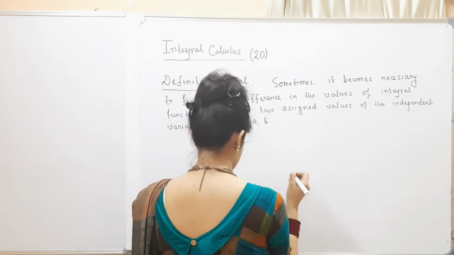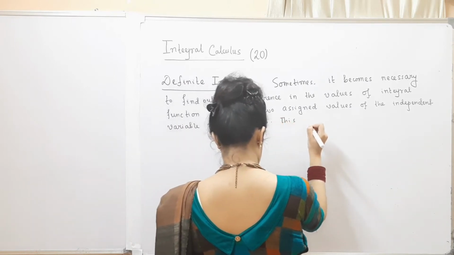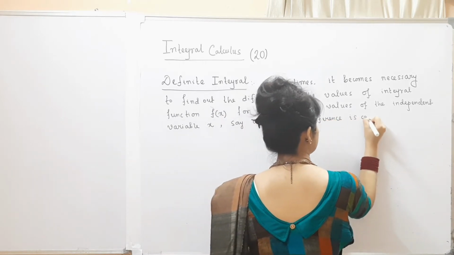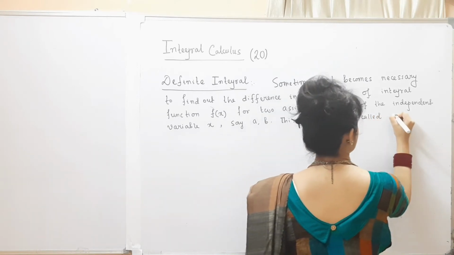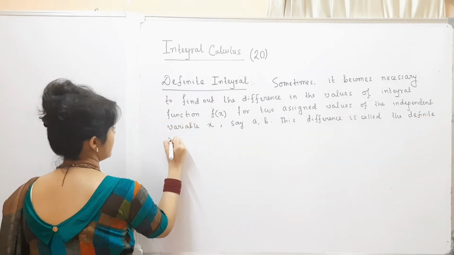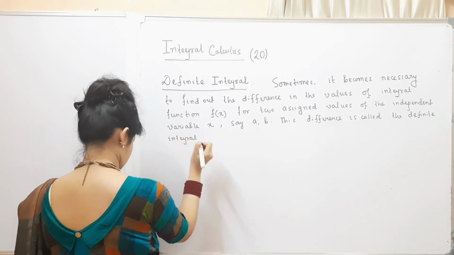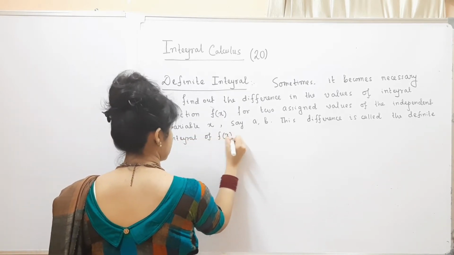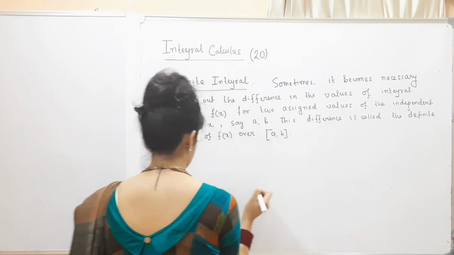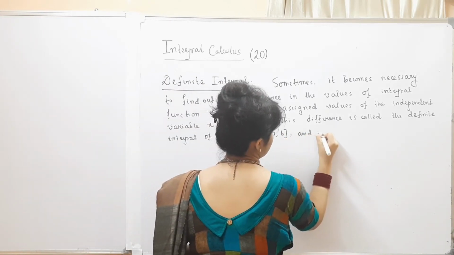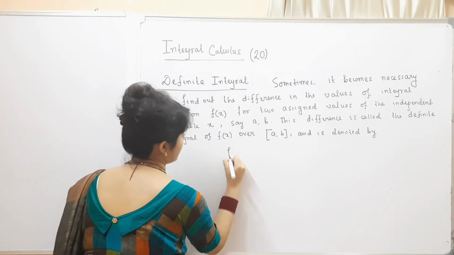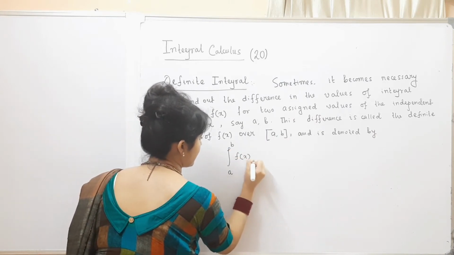This difference is called the definite integral of f of x over the closed interval a comma b, and is denoted by integration a to b f of x dx.